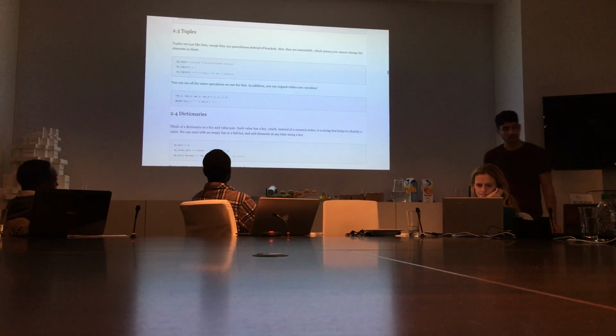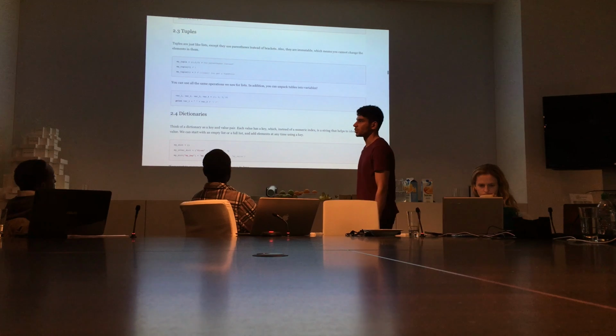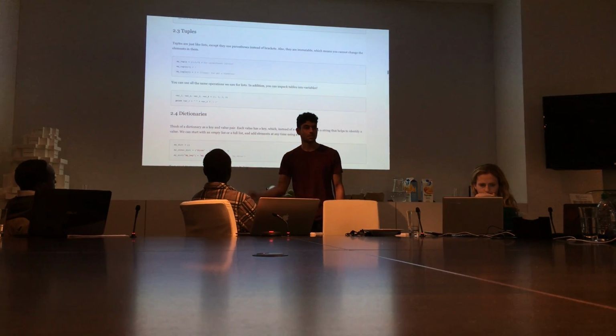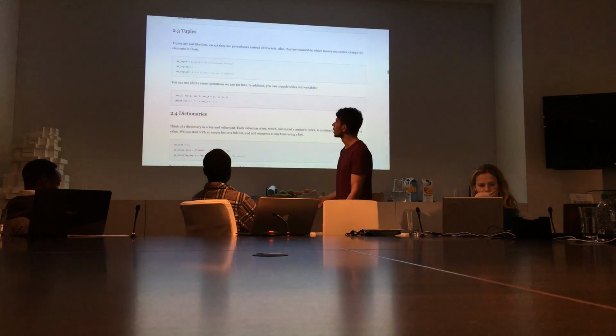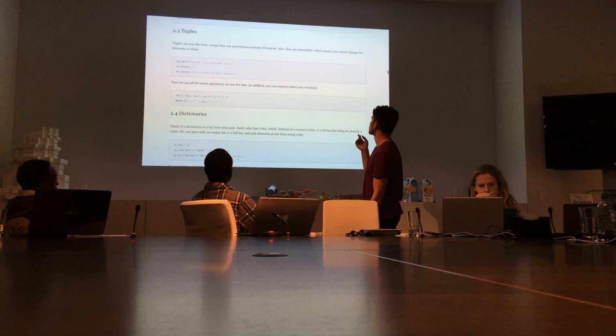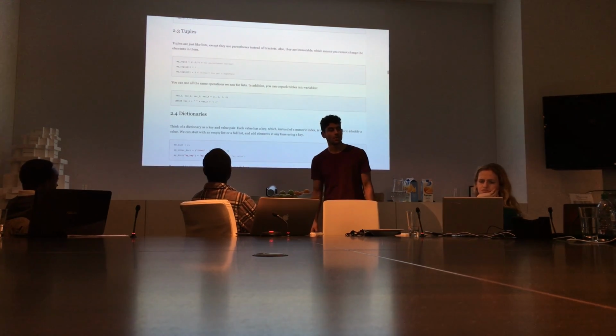Right, tuples. Tuples are just like lists. They can contain different data types, just like lists. However, they are immutable, which means that you can't change the elements in them once they're created.